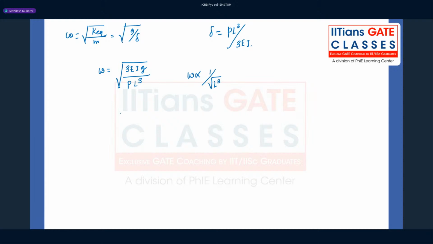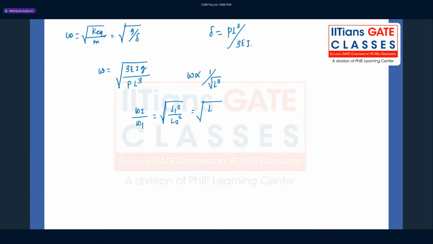You are breaking this beam into two pieces. So L will become L by 2. Omega 2 divided by omega 1 will look something like this. Under root of L1 cube divided by L2 cube, right?